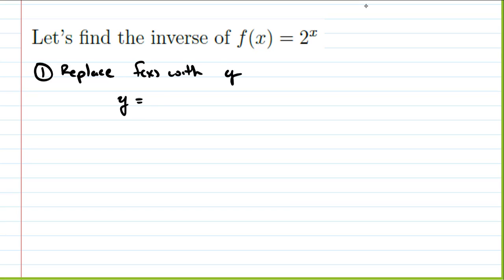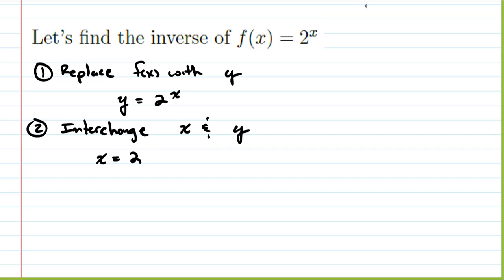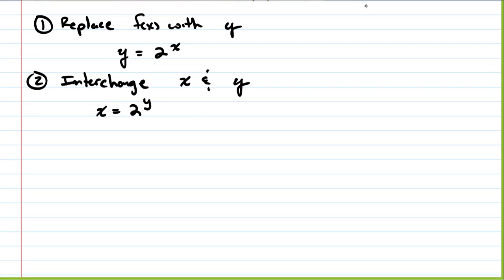So that gives us y equals 2 to the x. Step 2 is we interchange x and y. So that gives us x is equal to 2 to the y. Then step 3 is we need to solve for y.